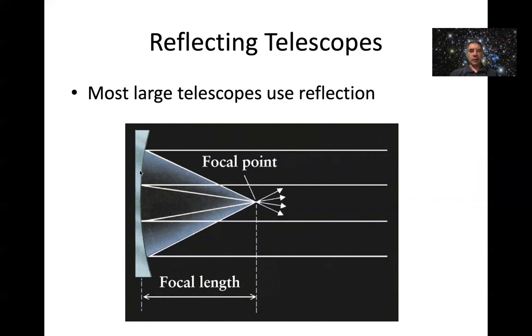And then they are reflected by a curved reflecting surface, which, in the optical will just be a mirror, and in the radio would be a dish or an antenna, and bring those rays to a focal point where you can image the sky. So that's the basic technique.